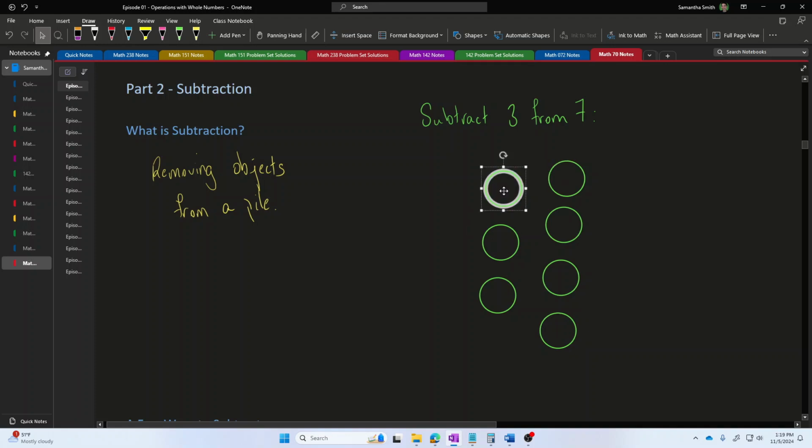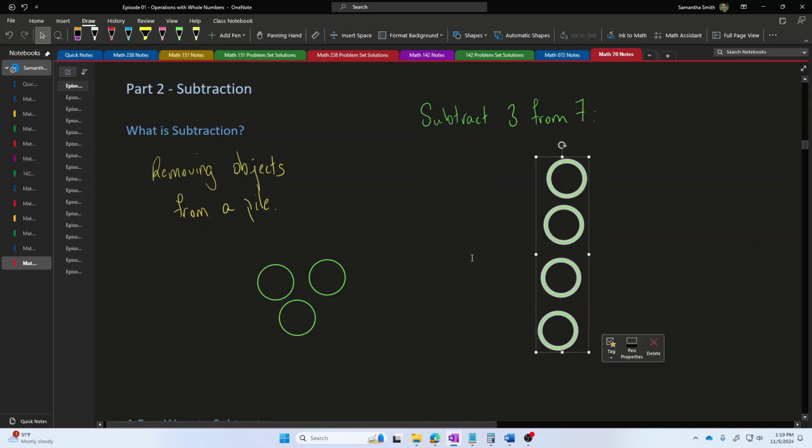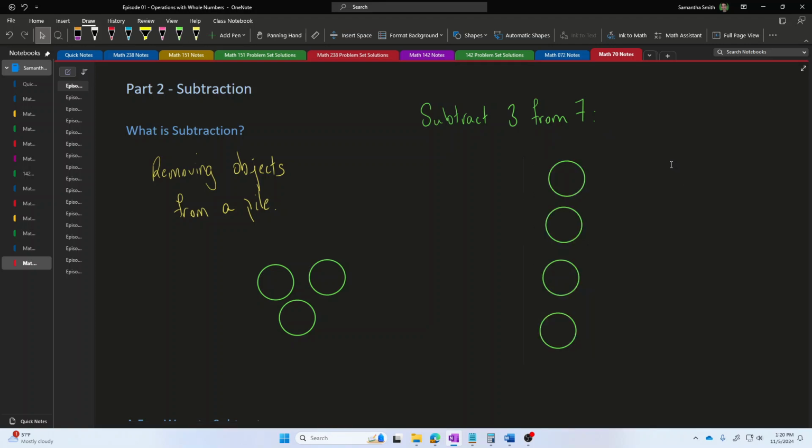So from that 7, I would take these 3 away, and I would look at how many have been left behind. From that original pile of 7, if I remove 3 objects, then 4 objects are left. And so the result of subtracting 3 from 7 would be 4.